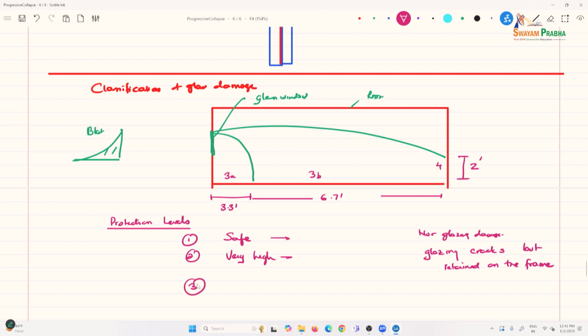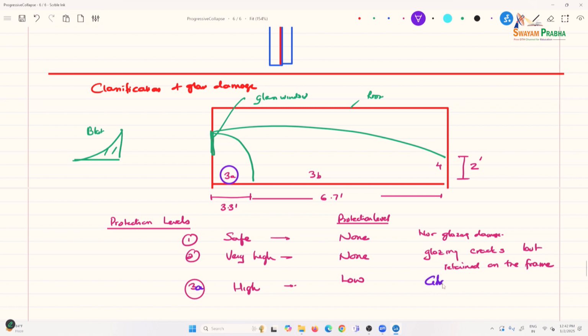Then the third one is high. The protection level in this case is none, again none, this is a low protection level. Now glazing cracks, so 3, or 3A I should say, that is why this is 3A, this is the protection level.